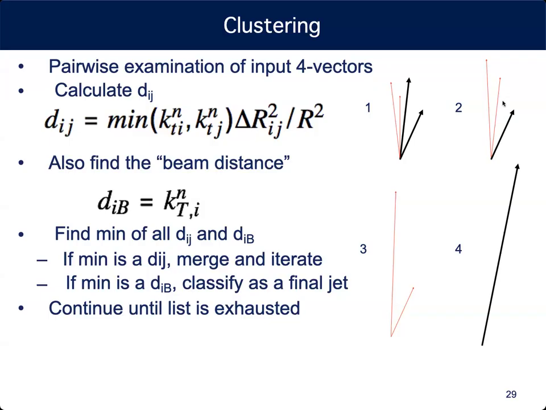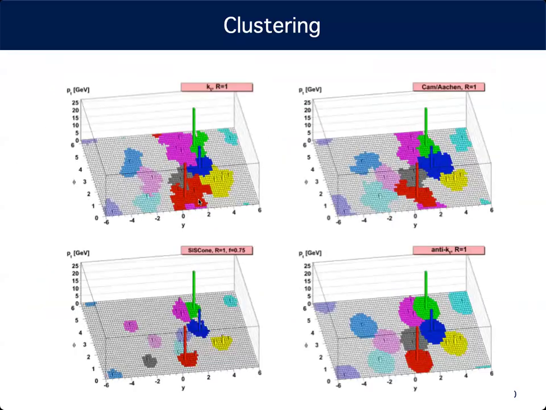Then I combine those 2 with another particle that's here, and then I combine these 2 and get my final state particle here. This is the case where the dijs are a minimum, and then at the end, there are no other dijs. There's only the diB, and so I can merge that into a final jet. This is a good exercise to go through once in your life.